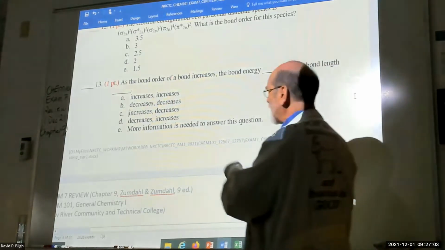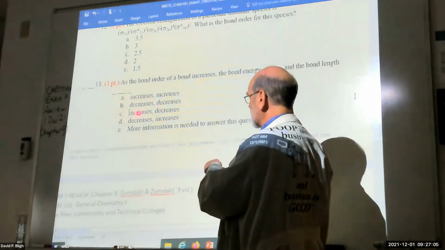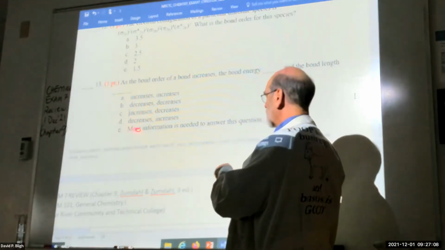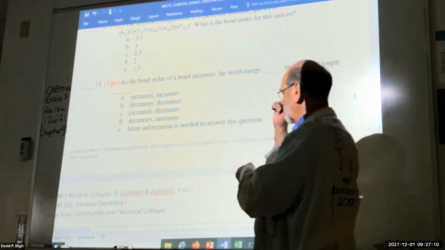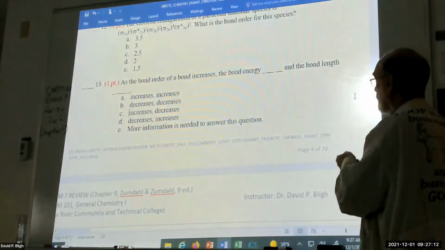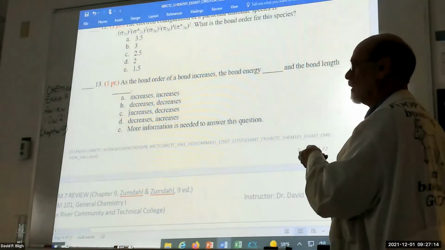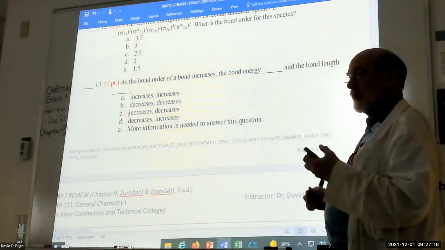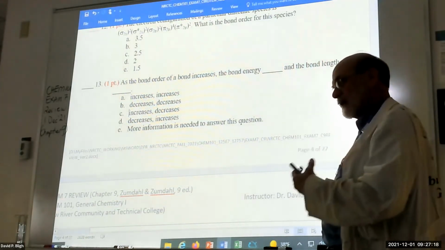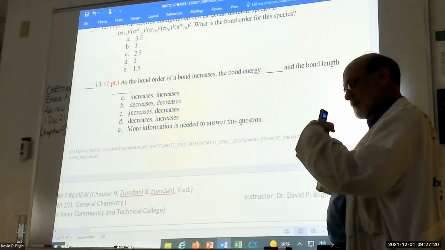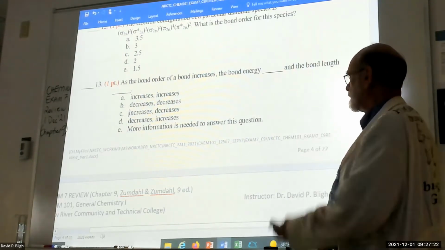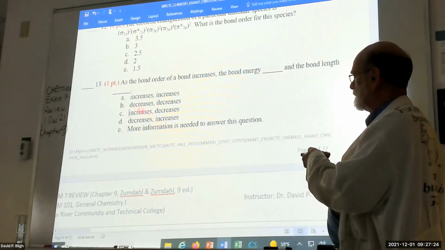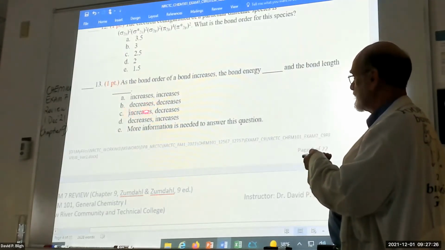So it's either A or C. I don't think more information is needed, but it's there if we need it. And the bond length, what does it do? If you increase the bond order, increase the bond strength, the bond distance is going to decrease. So it'd be energy increase, length decrease, C.